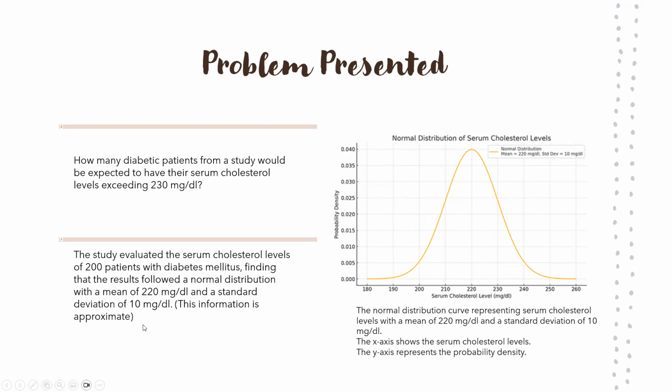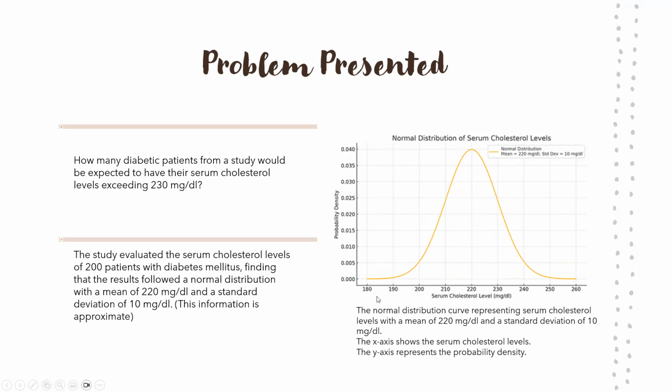This information is approximate. On the graph, we can see this curve, the normal curve. The normal distribution curve represents serum cholesterol levels with a mean of 220 milligram per deciliter, this is the mean, and a standard deviation of 10 milligram per deciliter.